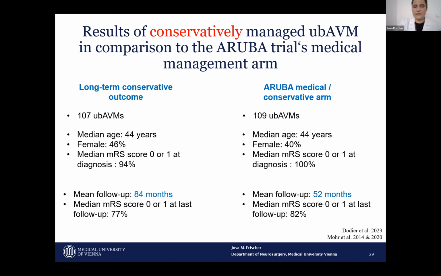However, obviously, we had a much longer follow-up period. What is very interesting is that at the time of last follow-up, the patients who still presented with a very good modified Rankin scale score of 0-1 were almost the same in the Aruba and in our long-term follow-up.